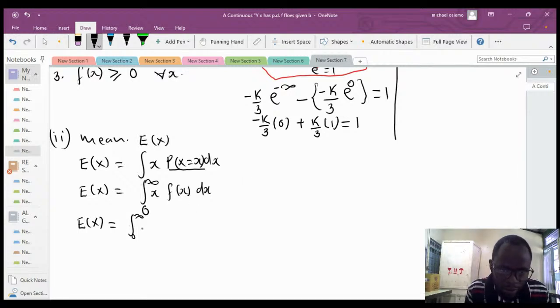So we're going to have x multiplied by 3 exponential negative 3x dx.